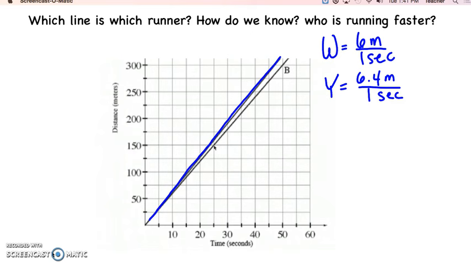So looking at the blue line and the black line, which line is which runner? Well, if Yoshi goes faster, that means she's going to have a steeper line, which means that Yoshi is the blue line and Wendy is the black line. We know this again because the blue line is steeper, which means Yoshi is going faster and covering more ground.